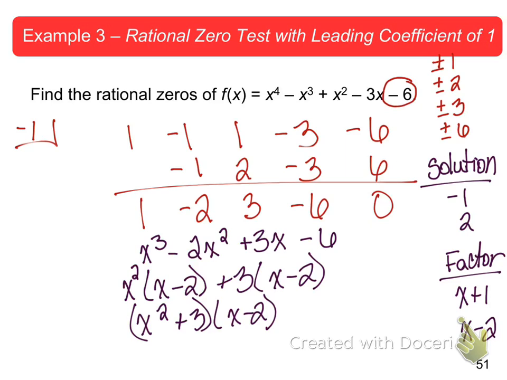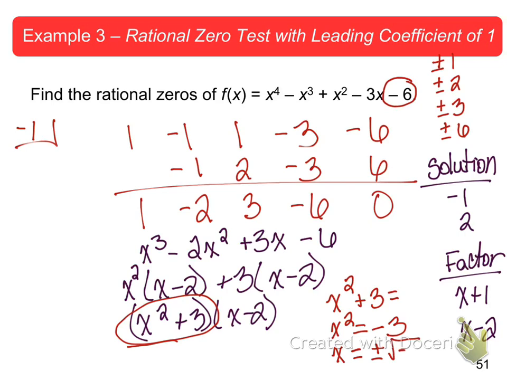I am now going to deal with this x squared plus 3. If I've got x squared plus 3, is that the same thing as x squared equals negative 3? Yes. So now I've got x equals plus or minus the square root of negative 3. What do I have to pull out?